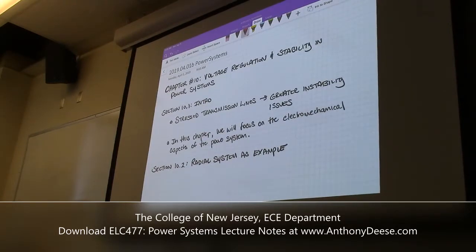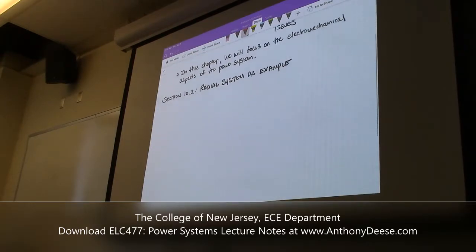Before, we just had the equivalent generator model connected to an infinite bus, and now what we're going to have is our ideal source.